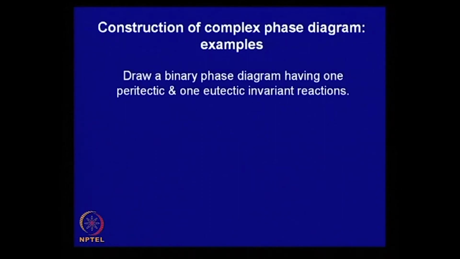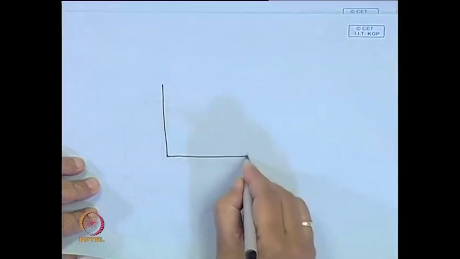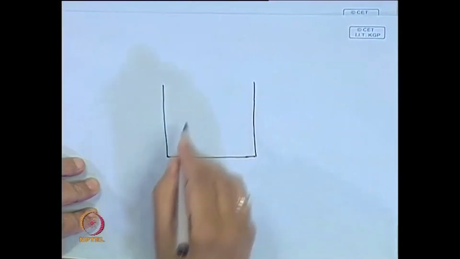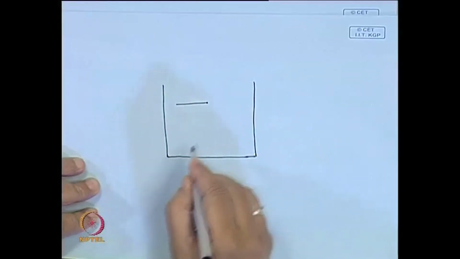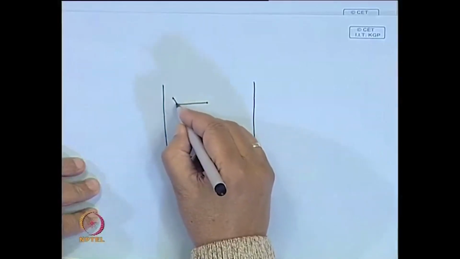So, you draw the isotherms first, one peritectic, another eutectic. Say suppose we draw a peritectic here.